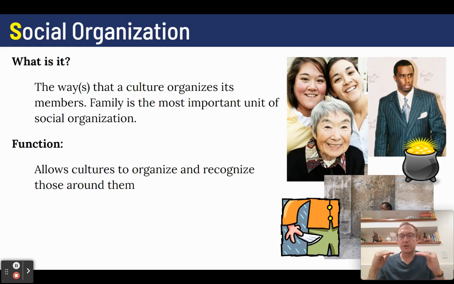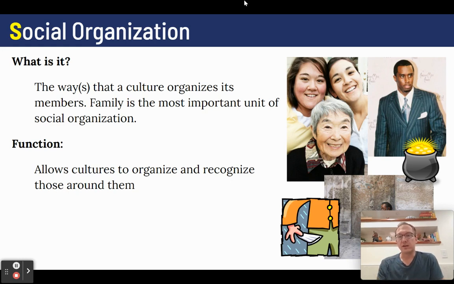A lot of modern cultures are more equal, where you have both parents equally in charge of the family. But how you organize your family, that's what we're referring to when we talk about social organization. It's also how you organize other people in those societies, in those cultures. So in America, one of the ways that we organize our society is based on money, it's based on wealth.